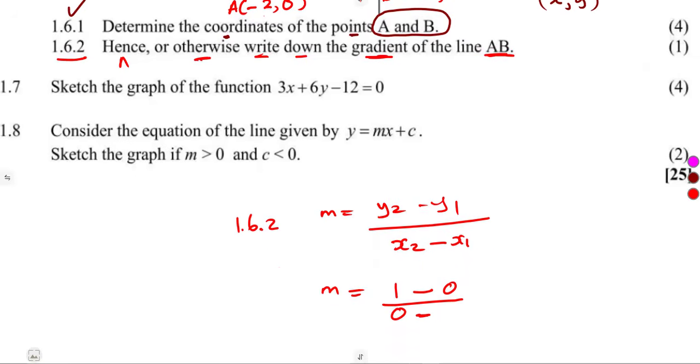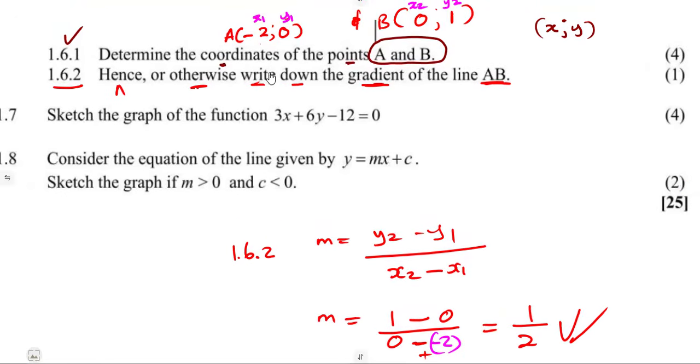So you can simplify this: 1 minus 0 is 1, minus a negative becomes plus, so that's 2 there. You are going to obtain a gradient of 1 over 2 from the points that you calculated here. Okay?